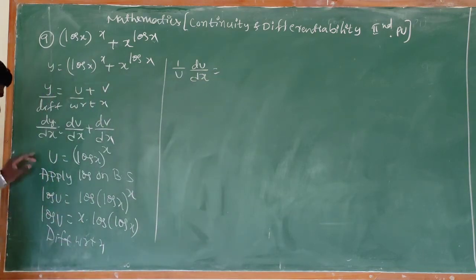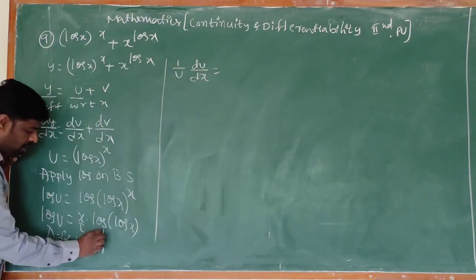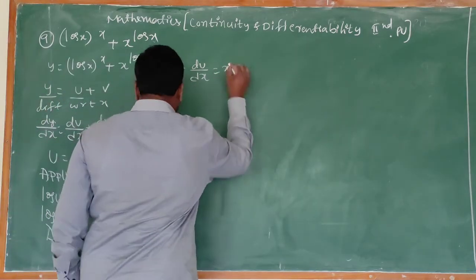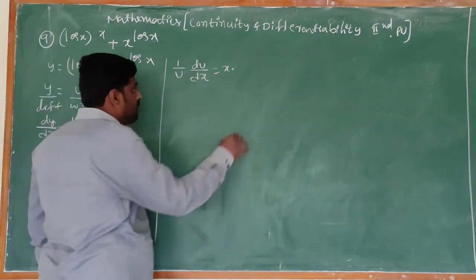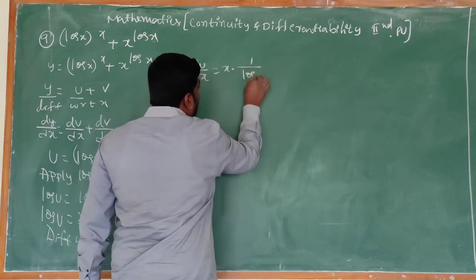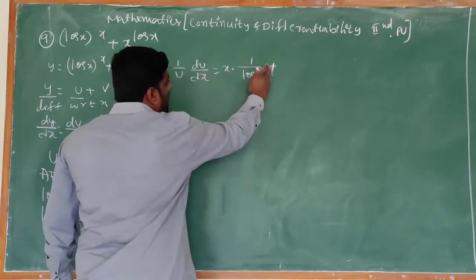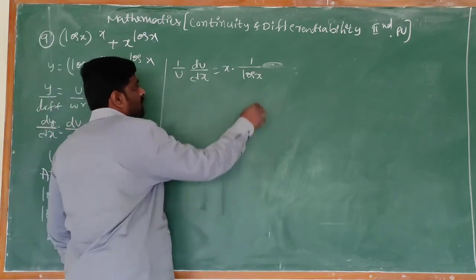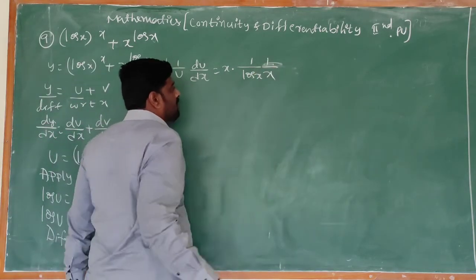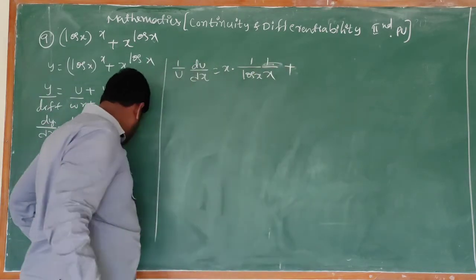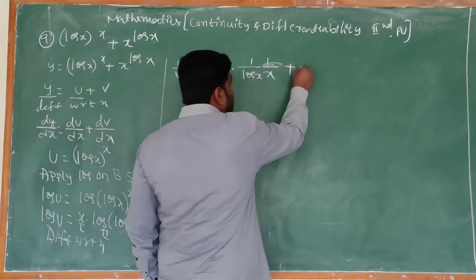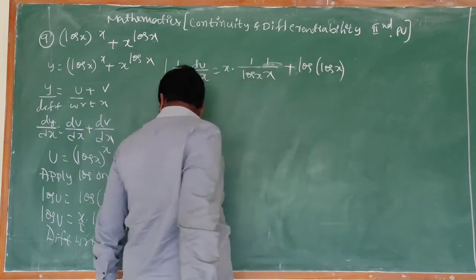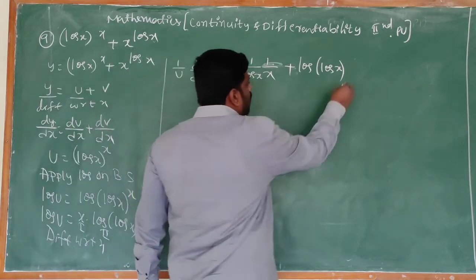So now here we also apply the product rule. x as it is, x into log differentiation is 1 by log x, plus 1 by log x. Log x differentiation is 1 by x, plus log of log x as it is. x differentiation is 1.